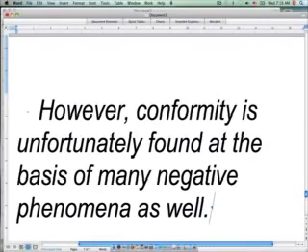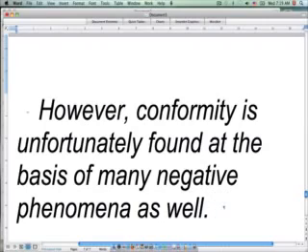So here we're going to the other side and just saying, we just proved that conformity can be a positive thing when ideas are coming together and creating beneficial results. But in other cases, conformity, when people are grouping their ideas together and not thinking for themselves, can be at the basis of many negative things as well.